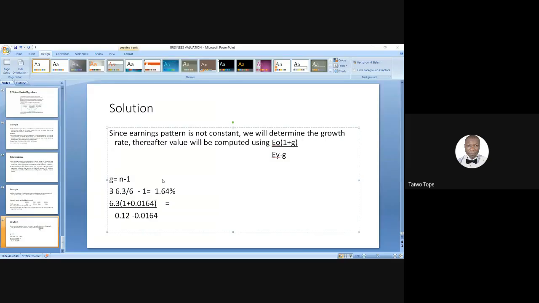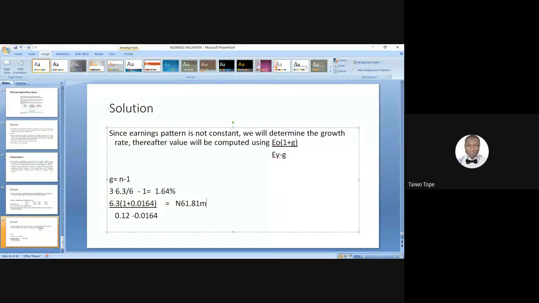$1.898. Final answer? About 1.808. No. Sometimes to punch this calculator can be difficult.